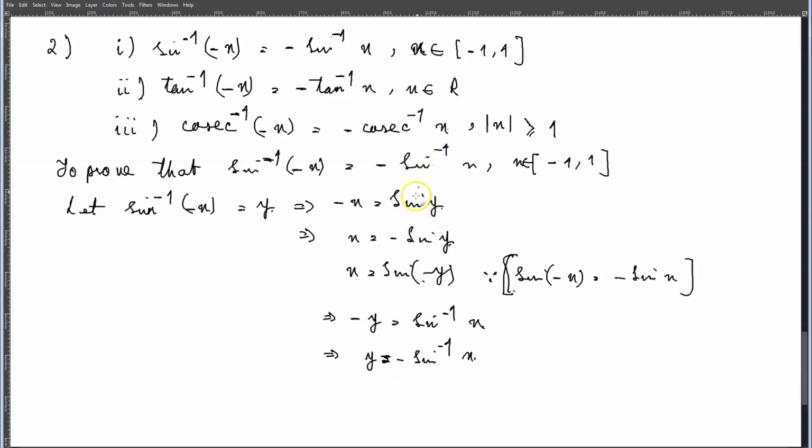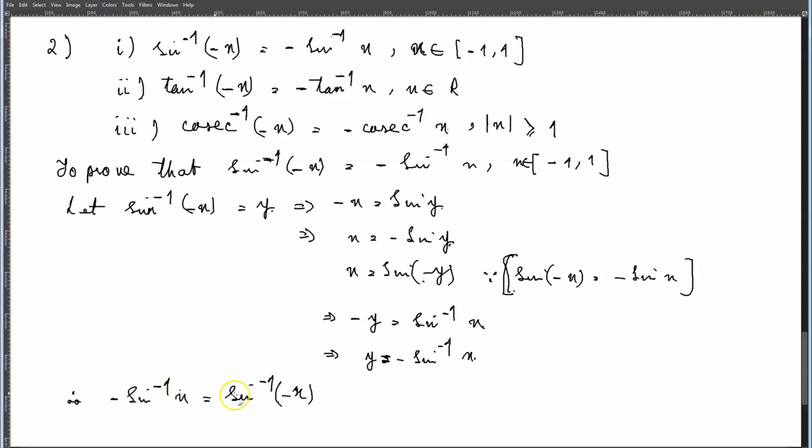And what that means is that here I have said that sine inverse of negative x is equal to y, and y is equal to negative sine inverse of x, which means that negative sine inverse of x is equal to sine inverse of negative x.